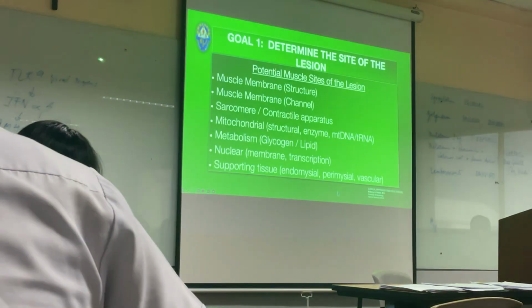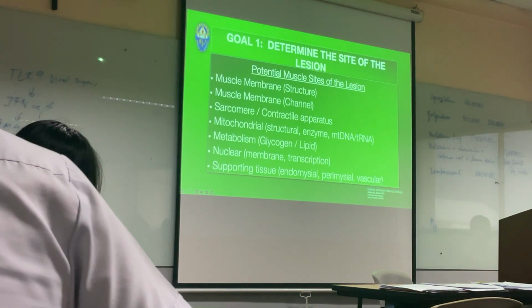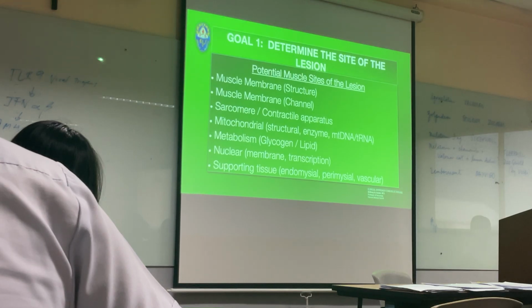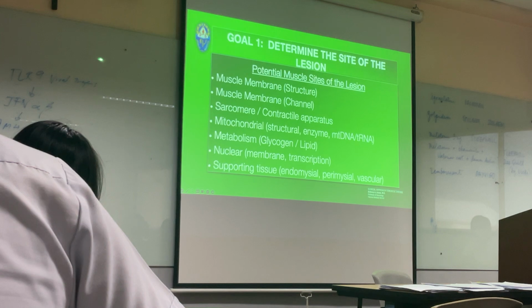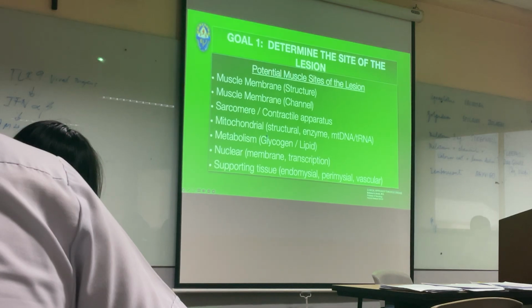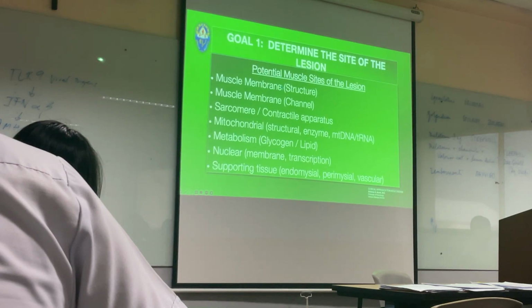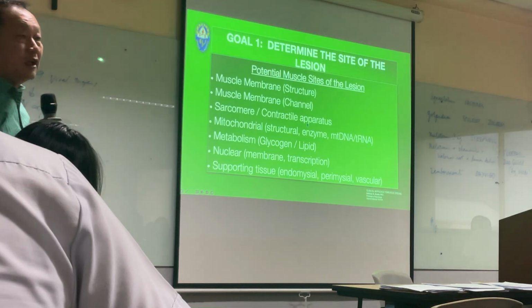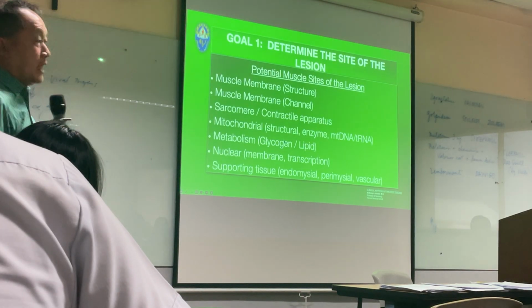And if the supporting tissue has a vascular problem, there are inflammatory lesions in the perivascular space, and there is infarction of the muscles also. Clear? So, this is going further down the line, but usually the graduate neurologist should be able to determine which is the best bet among all these possible sites.